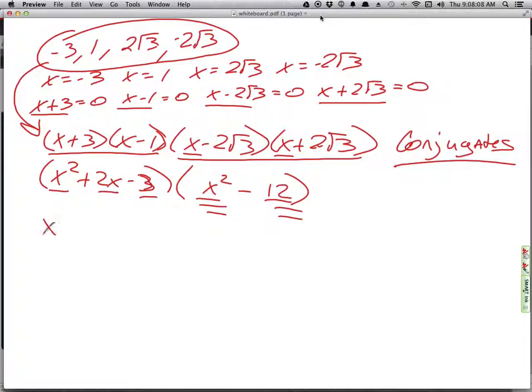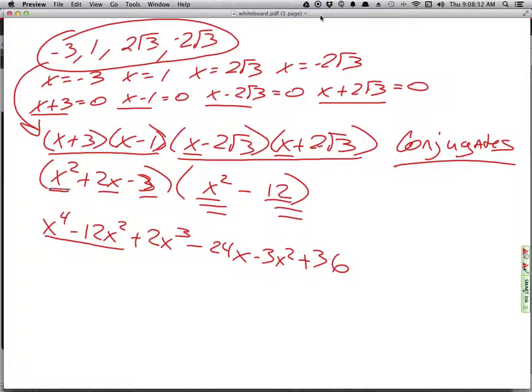So I get x to the 4th minus 12x squared plus 2x cubed minus 24x minus 3x squared, and then plus 36. There's no guessing. So these first two came from the x squared, these second two came from the 2x, and the last two came from the negative 3.